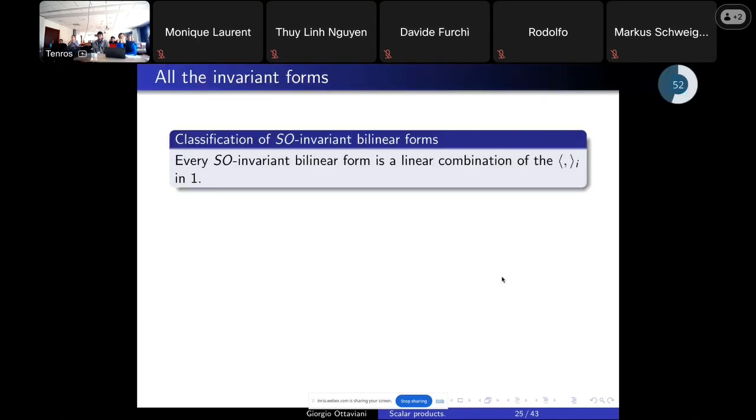Let me skip it, and you can read it because the slides are available. What is important is that you get a classification. All the bilinear forms which are invariant by SO(V) are not a unique product now; each is a linear combination of the ones defined before.